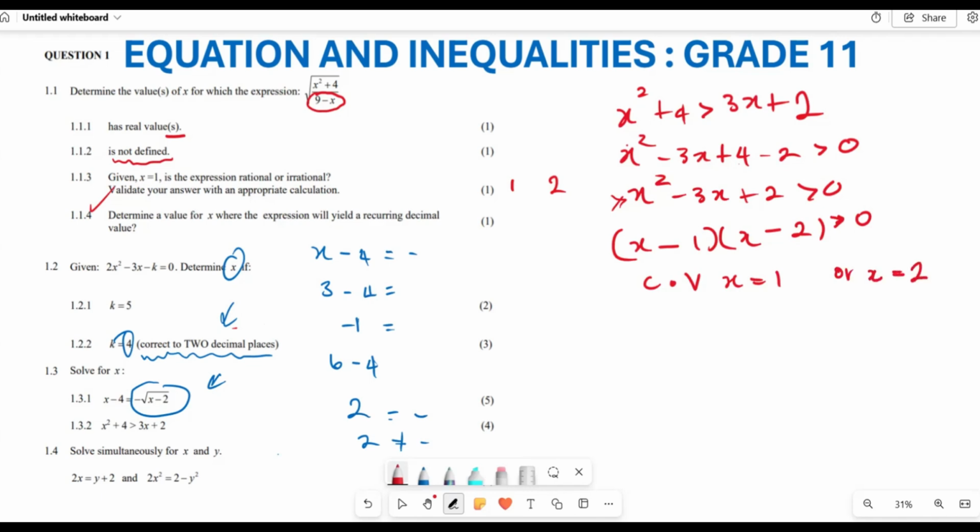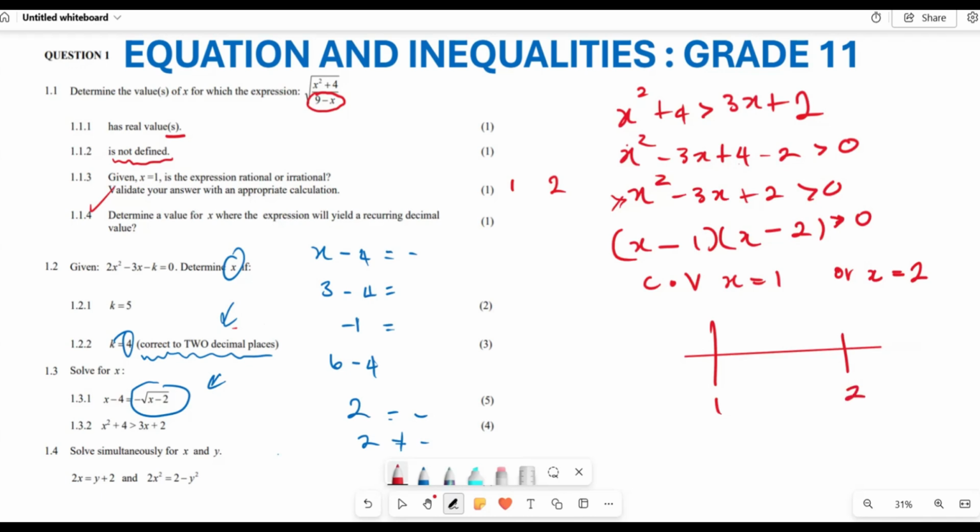Now, what is it then that you're going to do from here? Now we are going to come back and say, look, right? Now from here, we are going to draw our number line. We are going to start by drawing our number line. Are we fine, right? Now, I want you to look at this. Remember, within our number line, you're going to have 1 and also your 2, right?